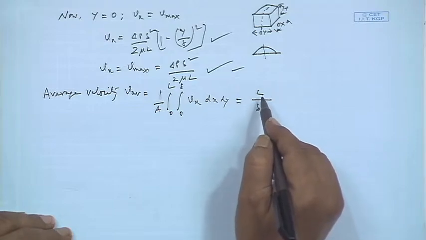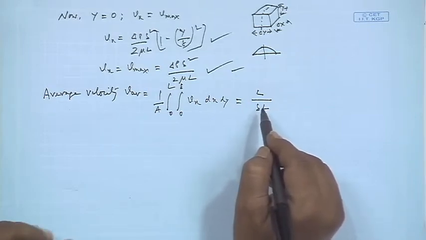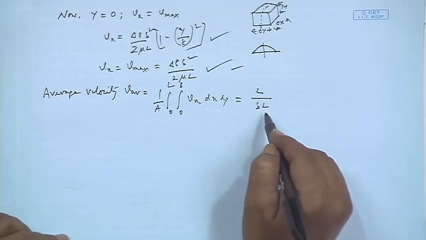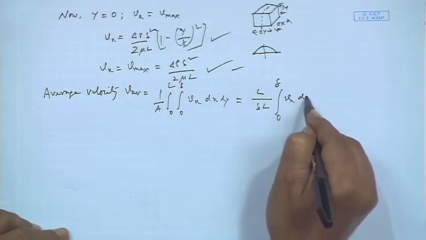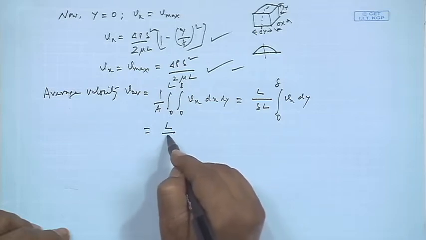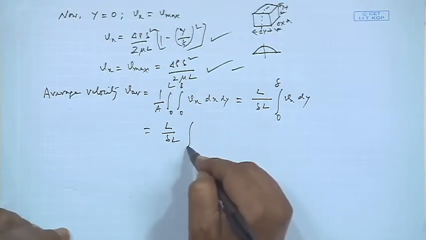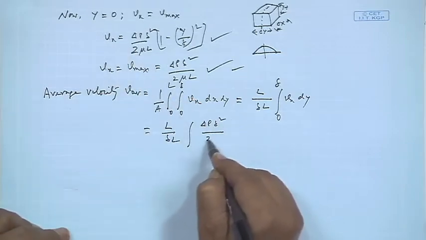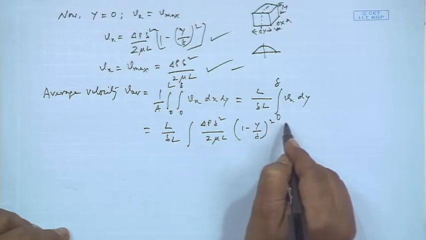So, equal to L by del L, 0 to del, V x dy, and V x if we substitute with this delta p del square by 2 mu L into 1 minus y by del whole square.